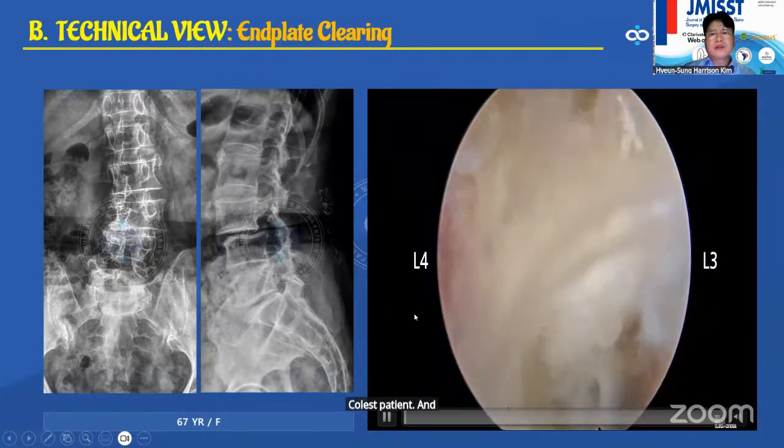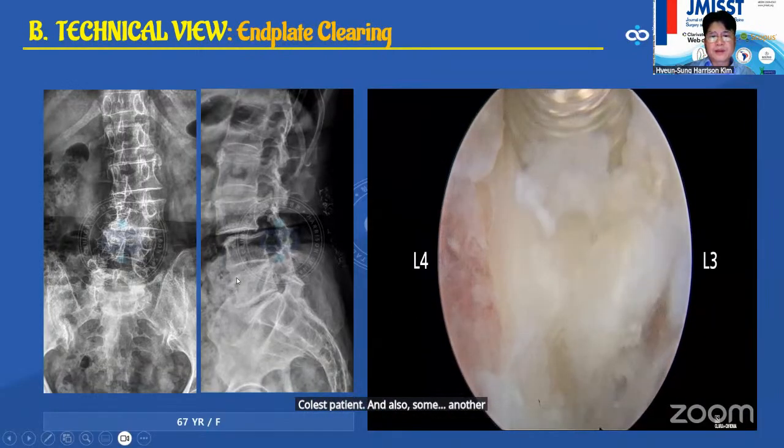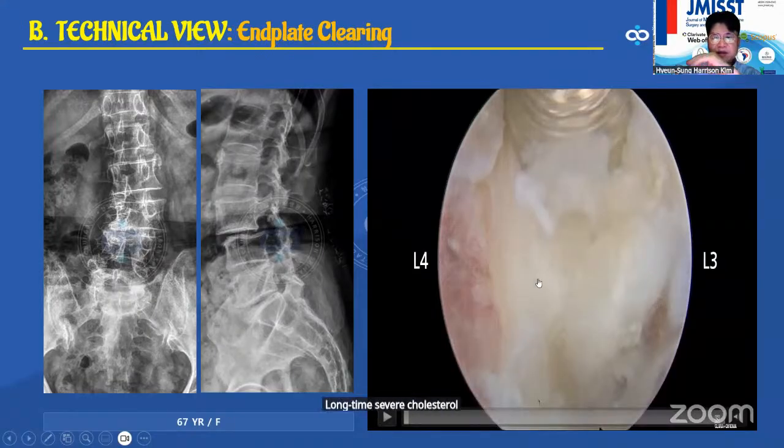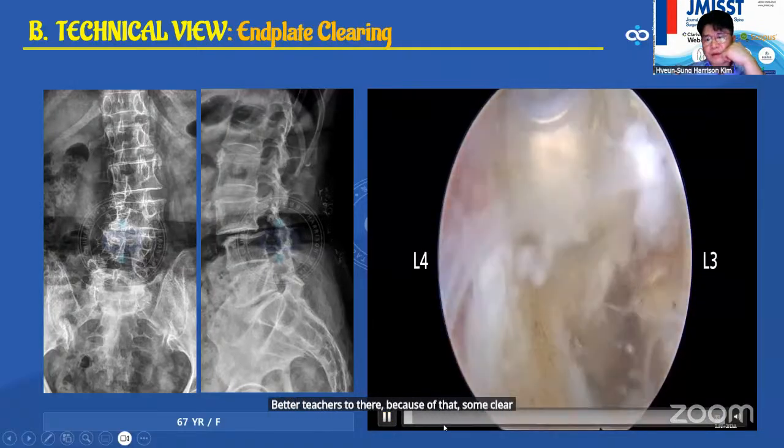And also, another important point is that in these cases of long-standing severely collapsed disc, the end plate has bad tissue attached to it. Because of that, clearing that area is also very important.